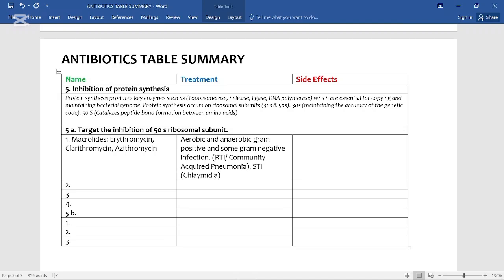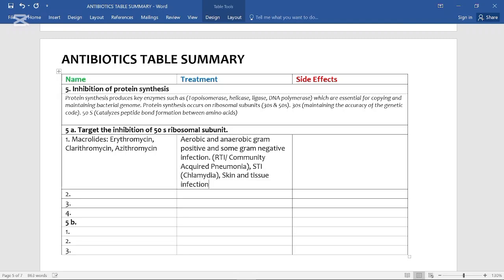It's also good for skin and tissue infections, especially those that are caused by staph and strep bacteria.